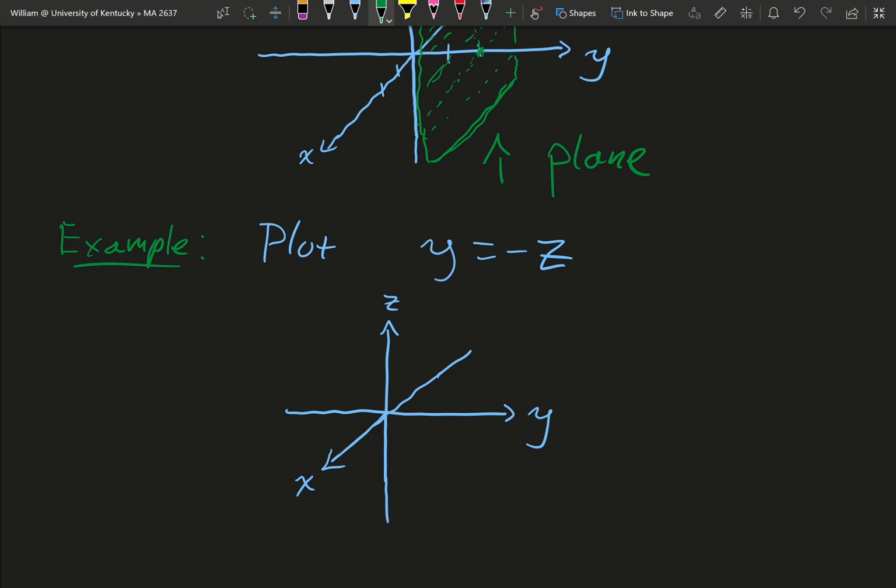It's this thing right here, just lying in the yz plane.